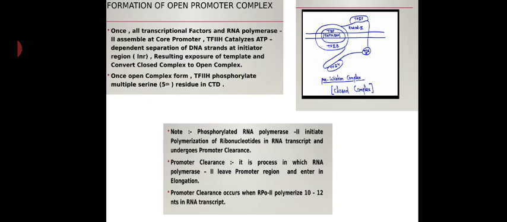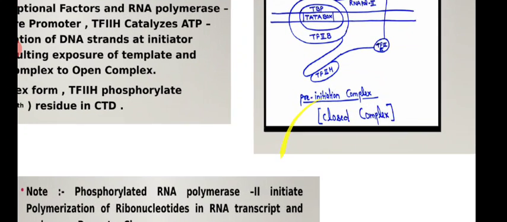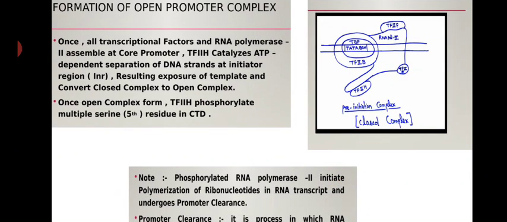After the formation of the pre-initiation complex, the next step is formation of the open promoter complex. Once all the transcription factors and RNA polymerase 2 assemble at the core promoter, that is, the TATA box is the core promoter, transcription factor 2H, the hero of the transcription initiation process in eukaryotes, catalyzes the ATP-dependent separation of DNA strands at the initiator sequence, that is the INR region.